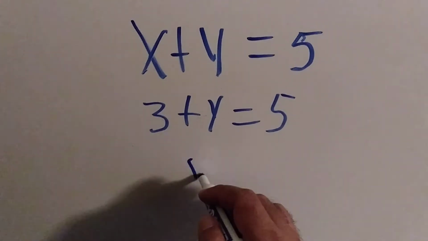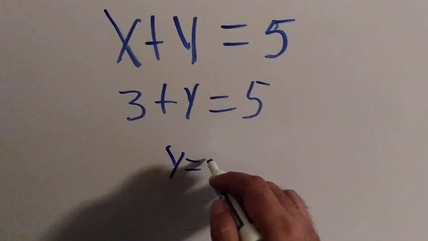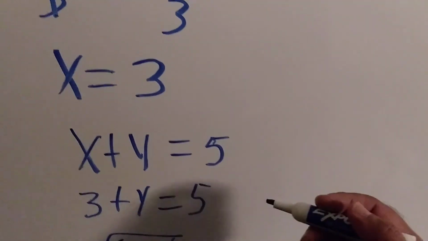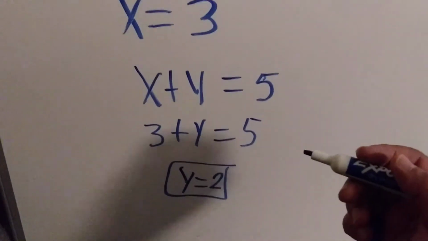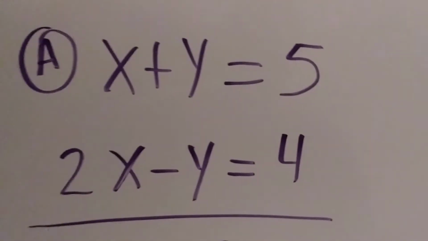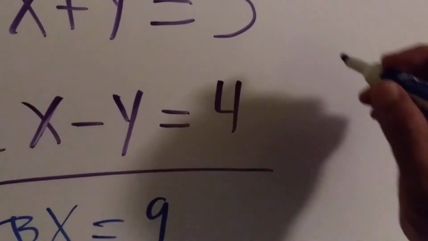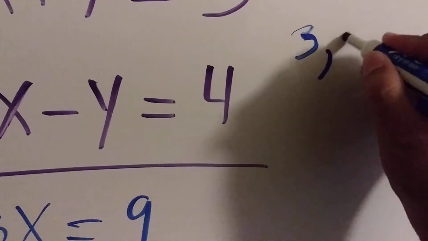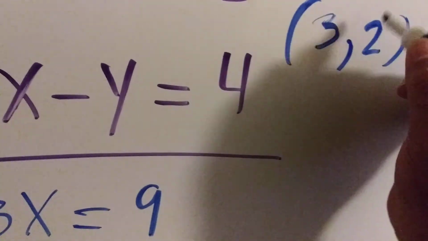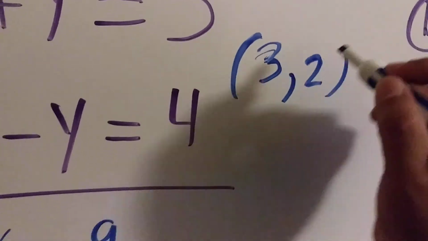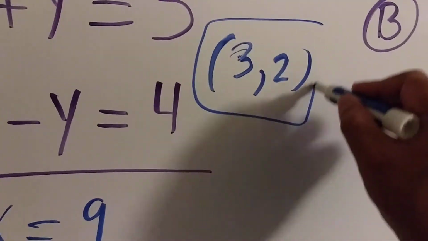It's going to be 2, so y is just equal to 2 here. So the ordered pair solution to this first system of equations is (3, 2). Again, it has to be an ordered pair. Let me make this look like a 3, because it doesn't look like a 3. Okay, and that is your answer here.